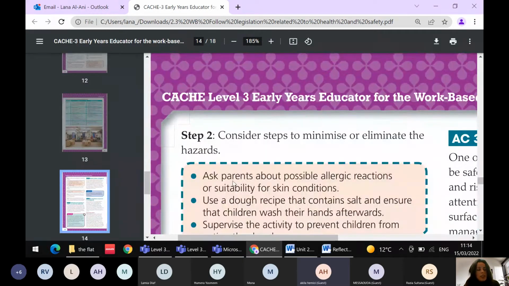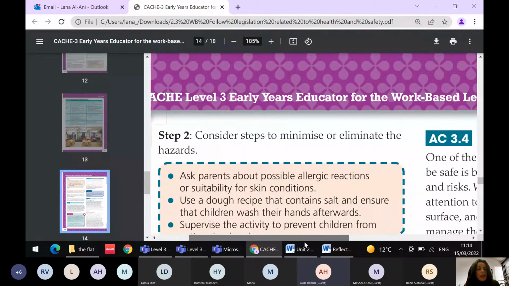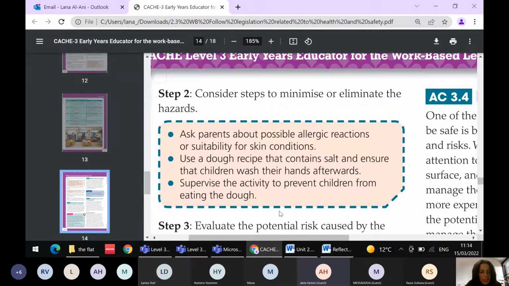Second step, we consider steps to minimize or eliminate the hazard. So what we can do to eliminate the hazard, maybe we ask the parents about the children if they have any allergic reaction. So as soon as the child gets into the nursery, we register them on day one, and then we ask for any allergic reaction to minimize the risk.